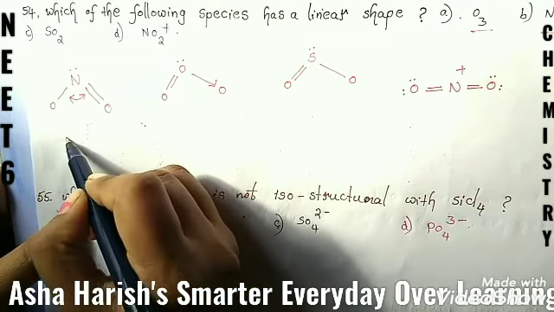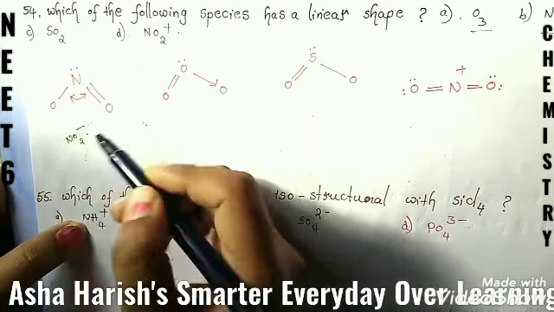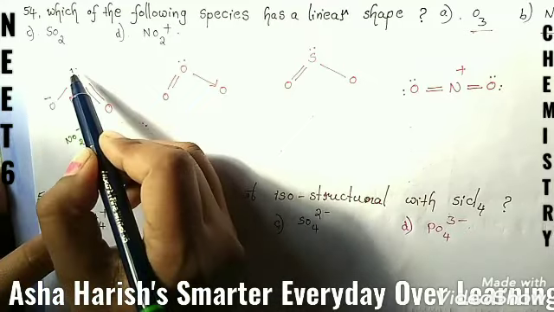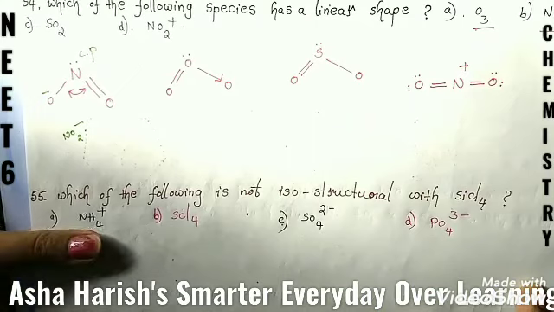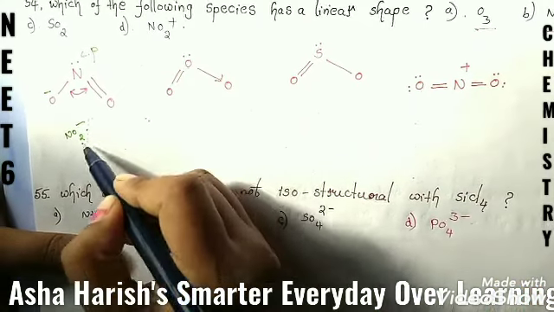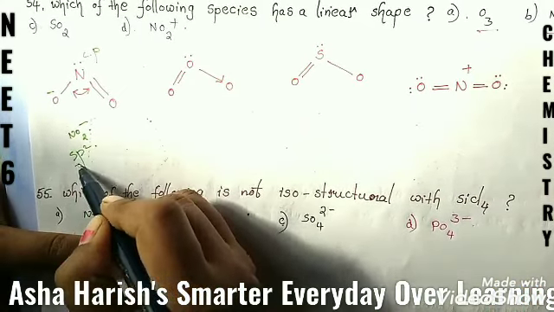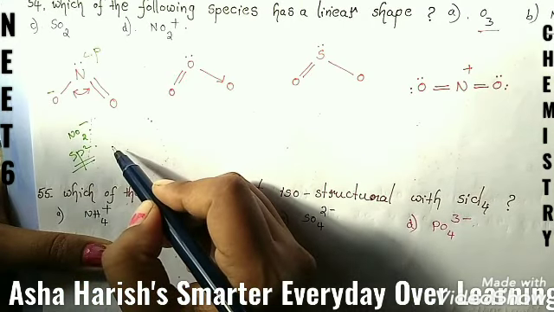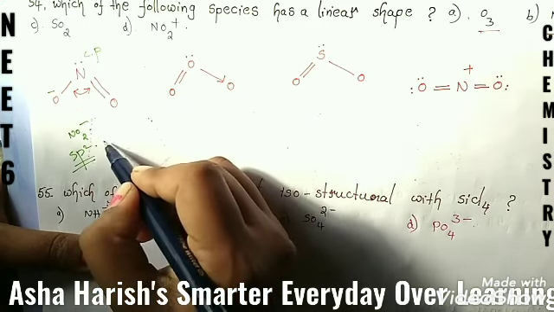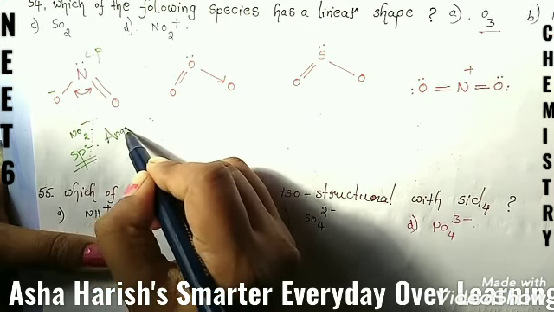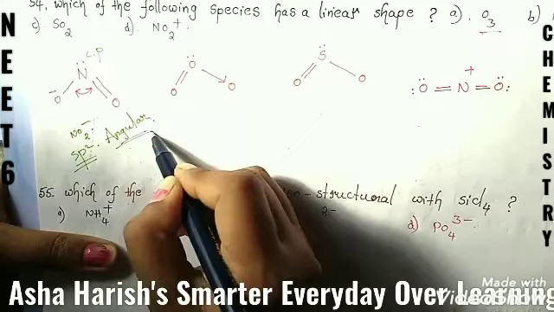Here 1 minus, these are the lone pair of electrons, LP. Okay students, here due to sp2 hybridization of nitrogen atom and the presence of lone pair of electrons on it, NO2 minus has angular shape, right?